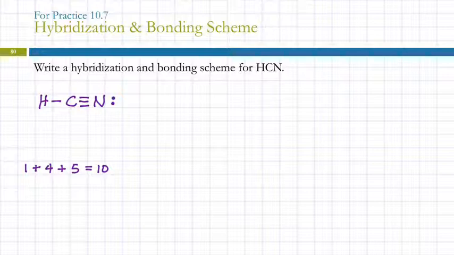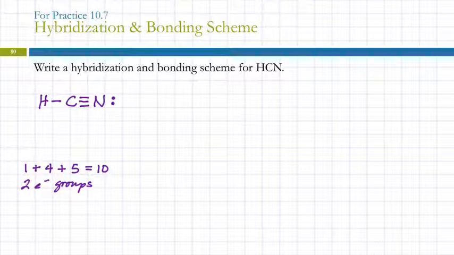To do the bonding with valence bond theory, we need to identify how many electron groups are in the central atom. 2 electron groups. Okay? So we have 2 electron groups. So then what's the hybridization scheme?